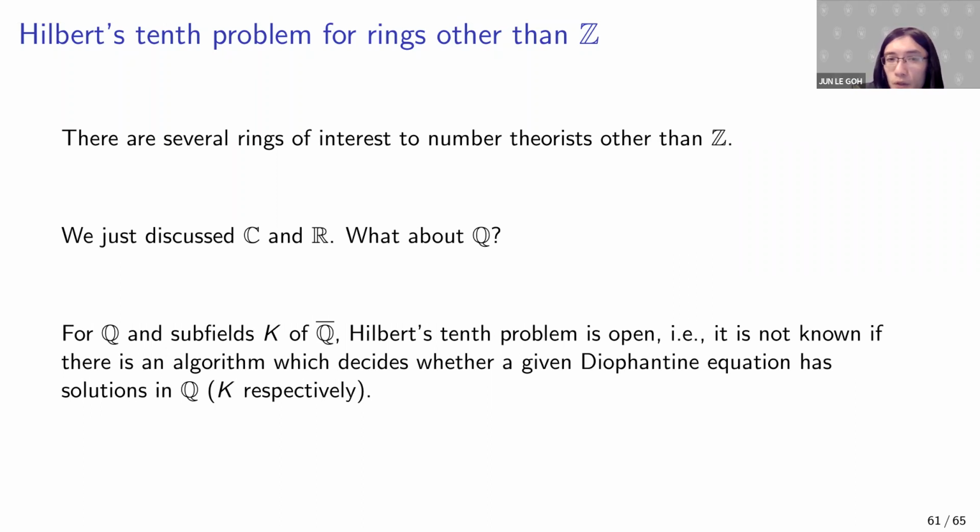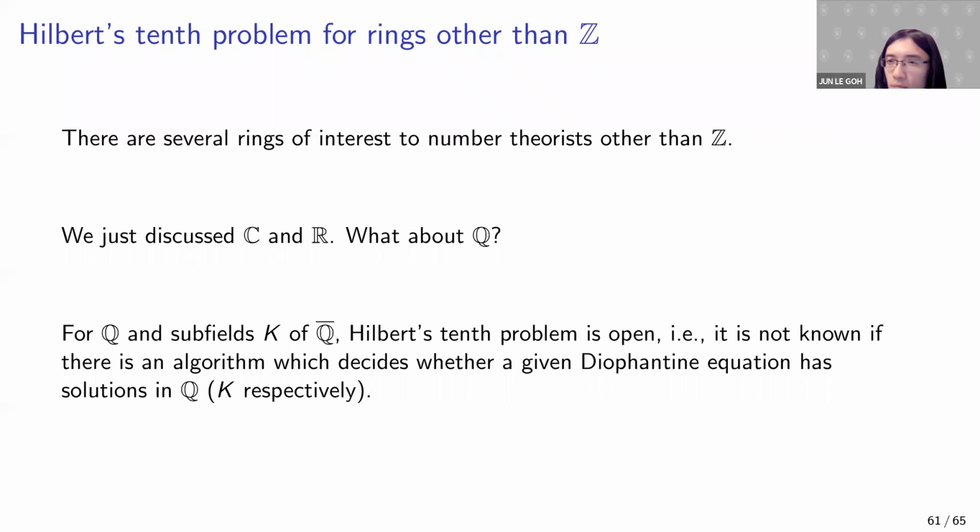We do not know whether there's an algorithm which takes in any equation with integer coefficients and decides whether it has solutions in Q. Similar for any other subfield of Q bar. This is the main question in this area; if you solve this, then this is definitely going to be in the annals, something like that.